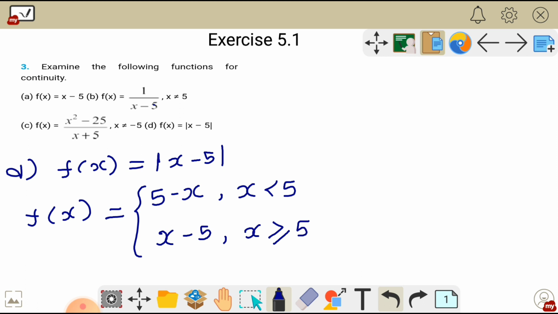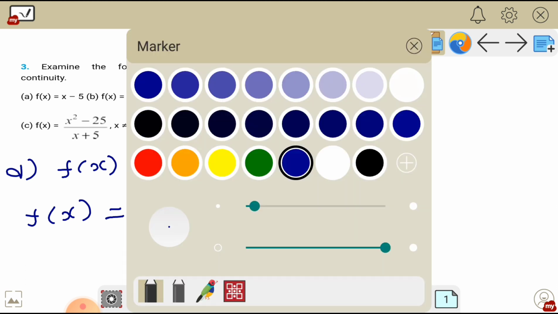Now do you know the reason behind this, why I am writing this function like this? We have already learned that modulus of x is written like this. Let me give you an explanation of this one.